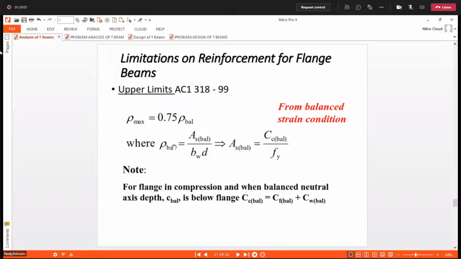But the determination of raw balance, it is equal to AS balance over BWD. So the AS balance is equal to CC balance over FY. And CC balance is equal to CF balance plus CW balance. Yun ang pagkuha natin ng CC balance, no? Okay? So this for the 1999 code.